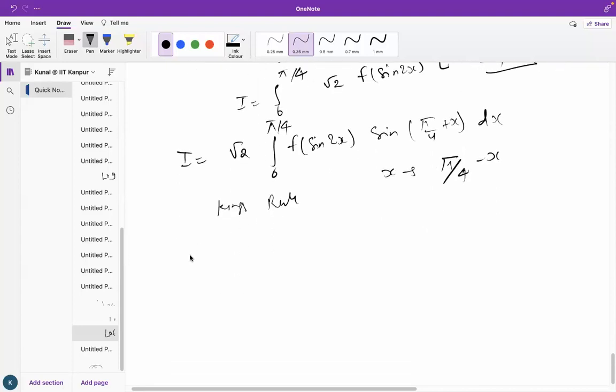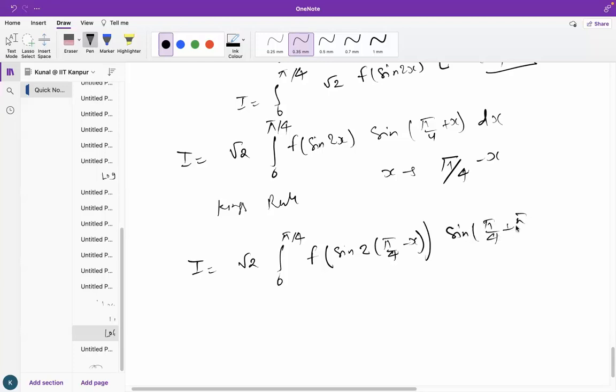So what I get is I equal to root 2, 0 to pi by 4, replacing x by pi by 4 minus x, sine of 2 times pi by 4 minus x, and then sine of pi by 4 plus pi by 4 minus x dx.